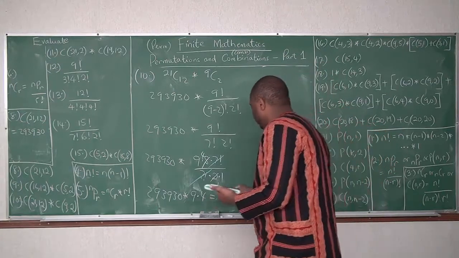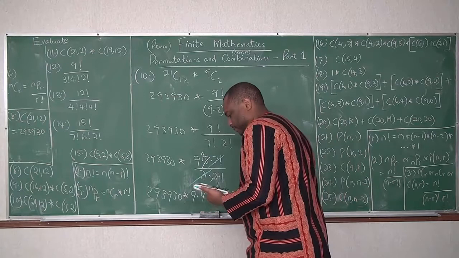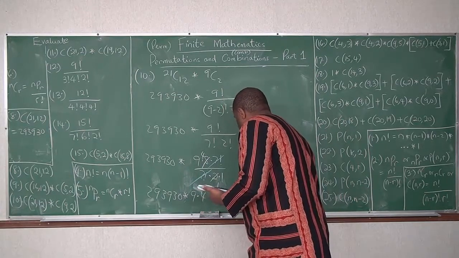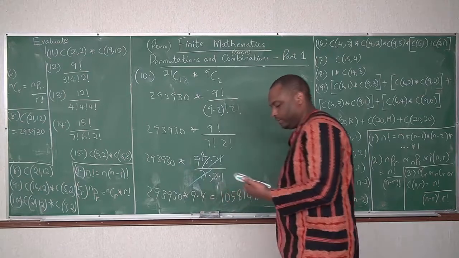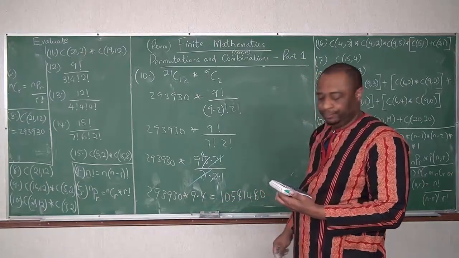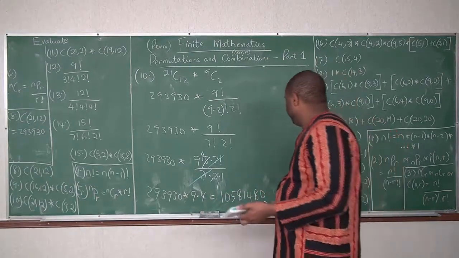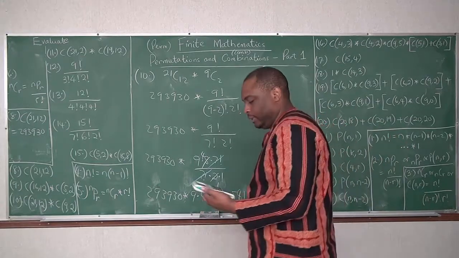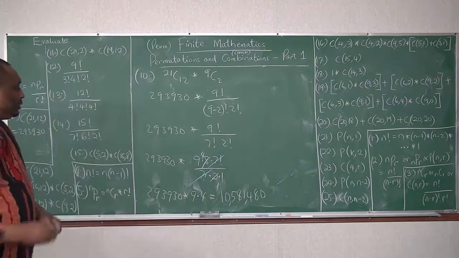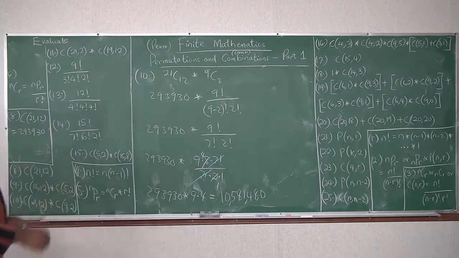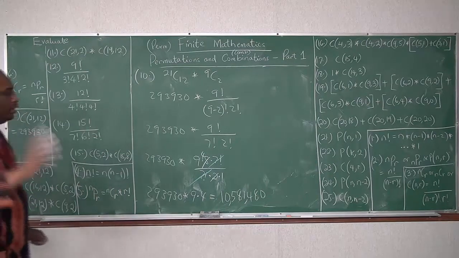It gives us 10,581,480. That's what it gives us for question 10. Next one is question 11.